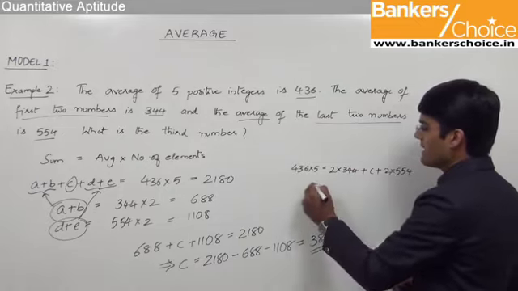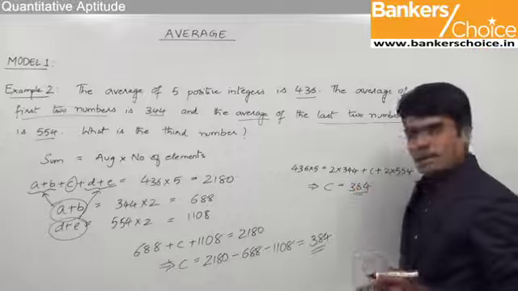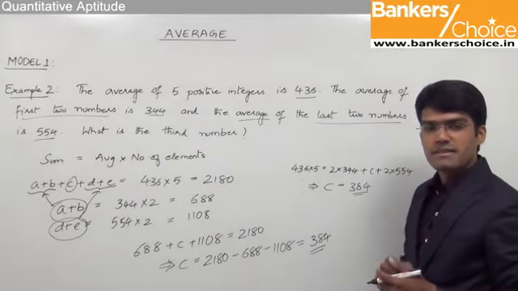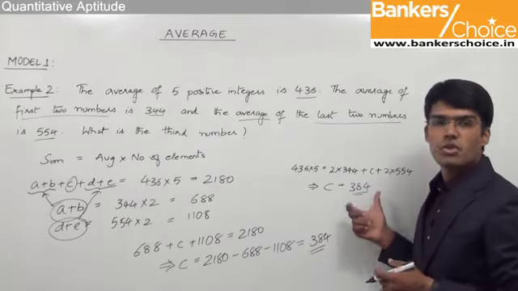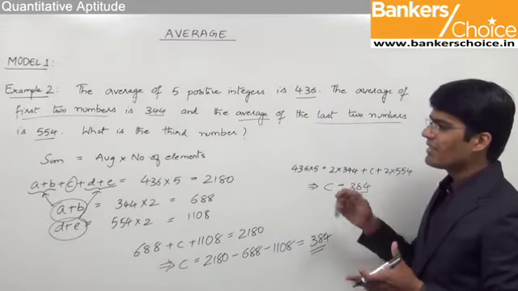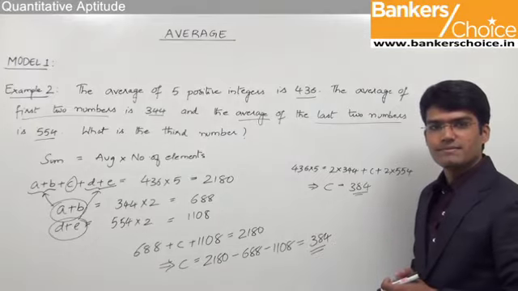And by solving this, we get C is equal to 384. The idea behind this solution is same as what we have done in the previous case, but the only difference is we have cut short the number of steps while solving the question here. So we can simply solve this question without writing all the steps in one simple equation.